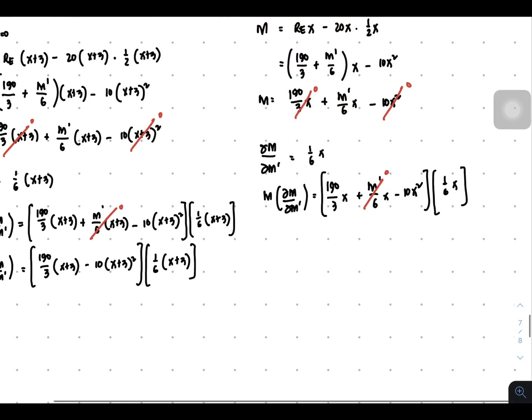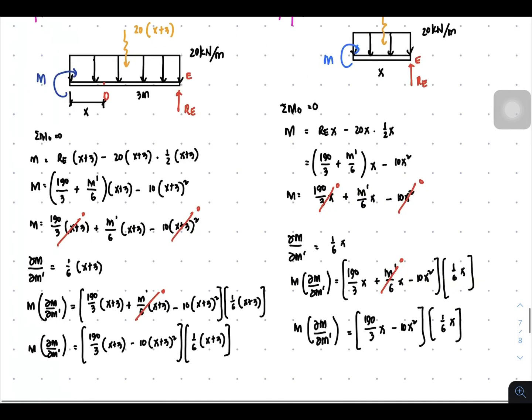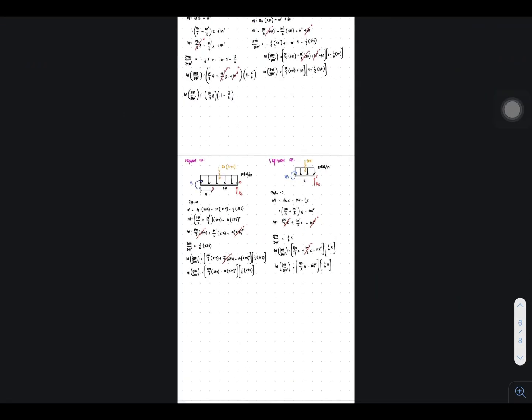We are going to set now all the m prime terms to 0, and this is now the final product. That's going to be 190 over 3 x minus 10x squared times 1 over 6 x.